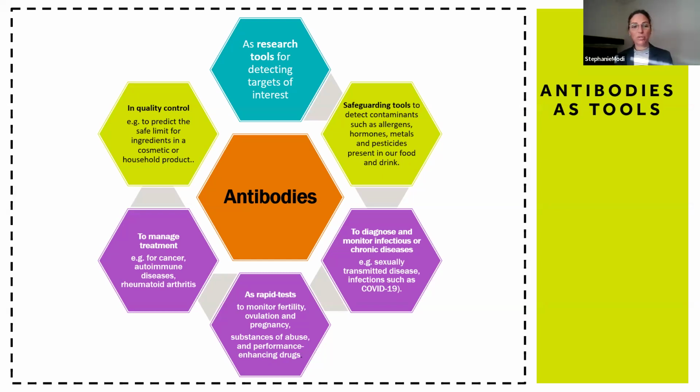But antibodies are used really widely across the board as therapeutics, for example, to treat cancer, autoimmune disease and rheumatoid arthritis, and also in tests, so to test for fertility and pregnancy, substances of abuse and performance-enhancing drugs, and also to detect disease, so for example, sexually transmitted diseases, or we're all familiar with COVID tests where antibodies are used in there.